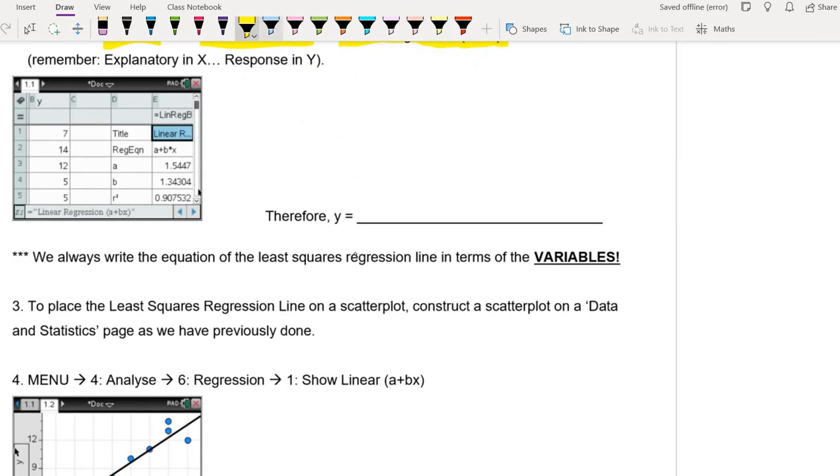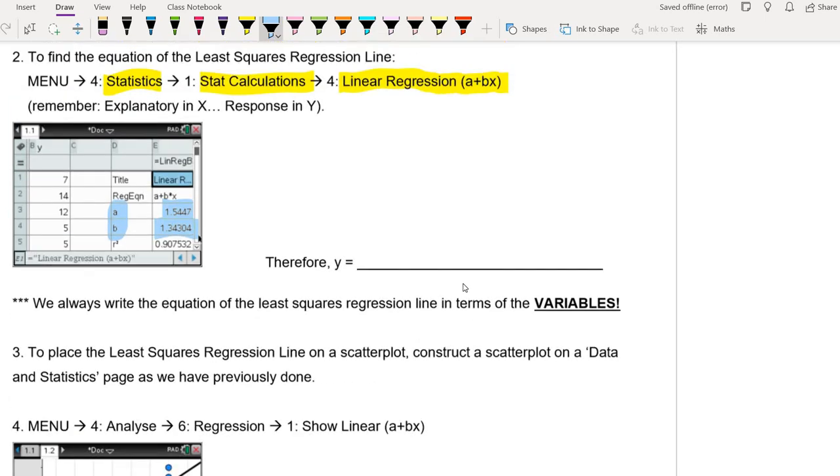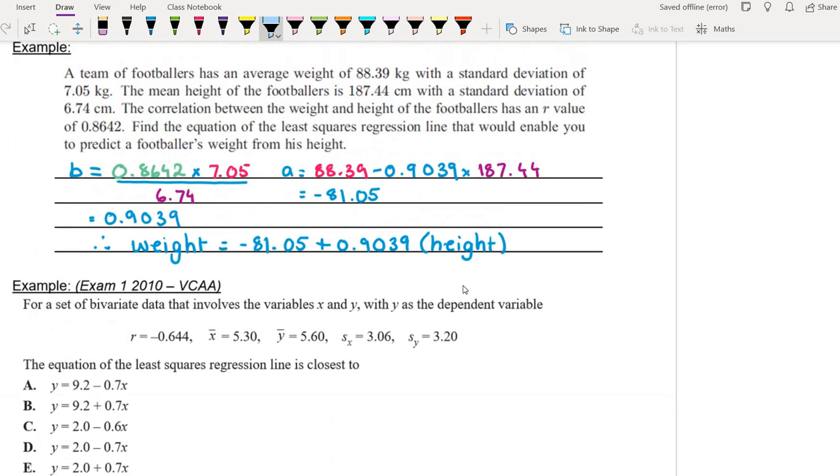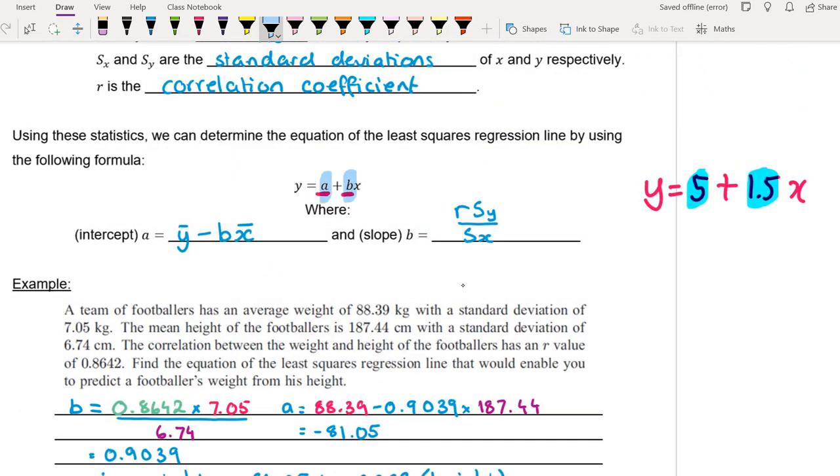Then it gives you all of these values that we need to find the equation of the line. What we're looking at at the moment is a and b. These are just numerical values that we put into the equation where we see a and b, and that gives us the equation that we're looking for, which is a fairly simple process.